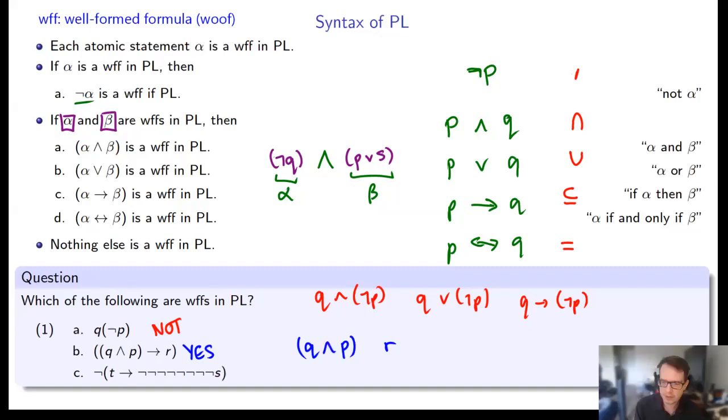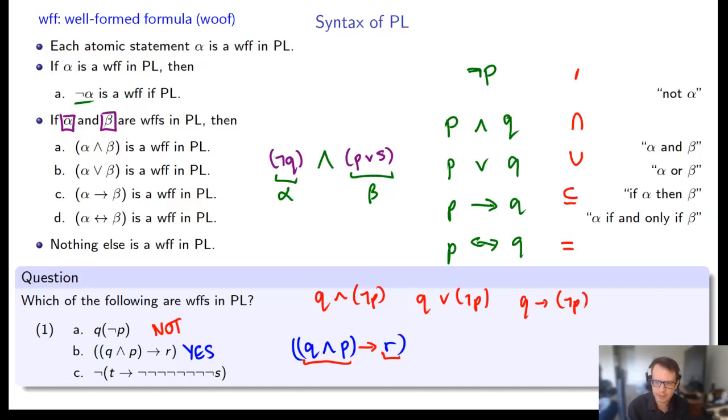So Q is well formed, P is well formed, and we're joining those two together with and to make Q and P. And then we're joining together this well-formed formula and R, which is well-formed on its own. And then we're taking an operator like the arrow, and we're putting those together. So that's also well-formed.